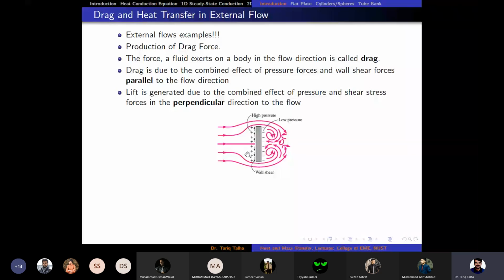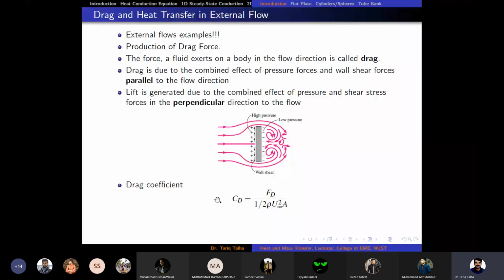We know that the stagnation pressure is on the front of this body, and on the backward region we have flow separation. So in the wake region the pressure is always low, and on the frontal side the pressure is always high. There is a pressure difference between the front and the downstream area, and that pressure difference gives rise to pressure drag.